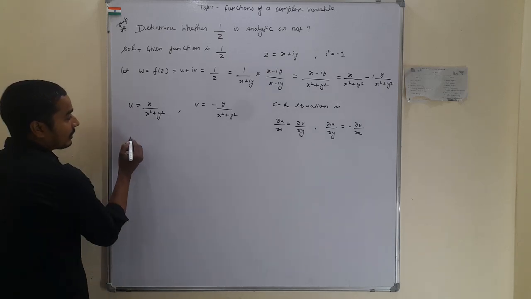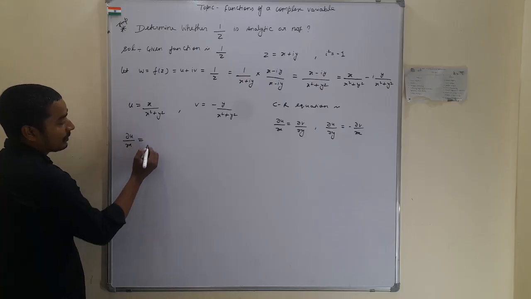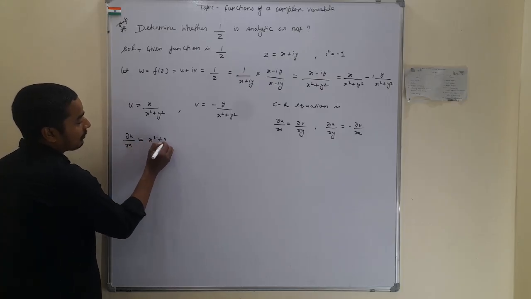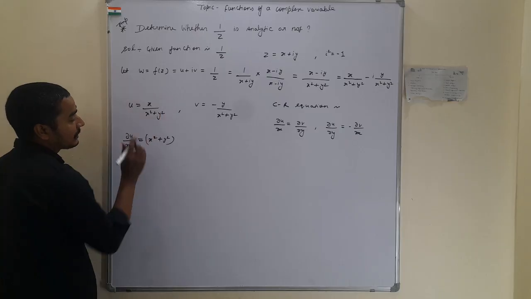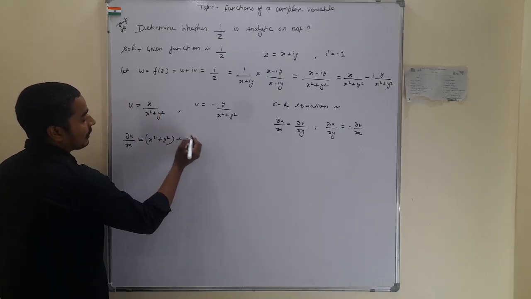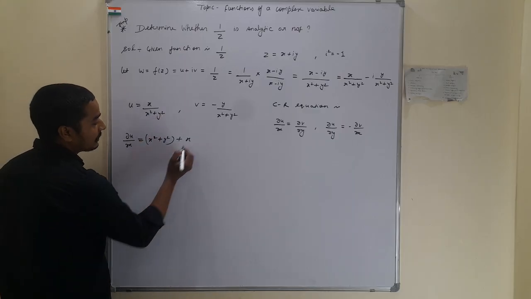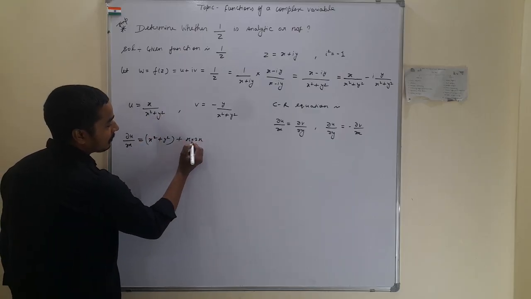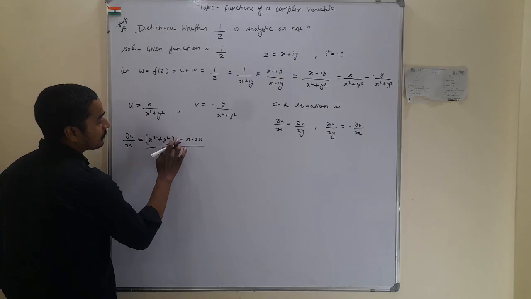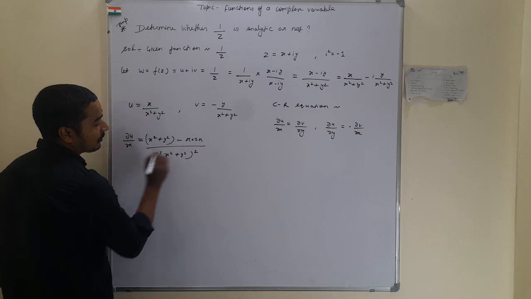So we have to find here del u upon del x. Here is x square plus y square, and differentiating x with respect to x, this gives 1, plus x, and again differentiating x square plus y square with respect to x, this gives 2x upon, here is minus, upon x square plus y square whole square.